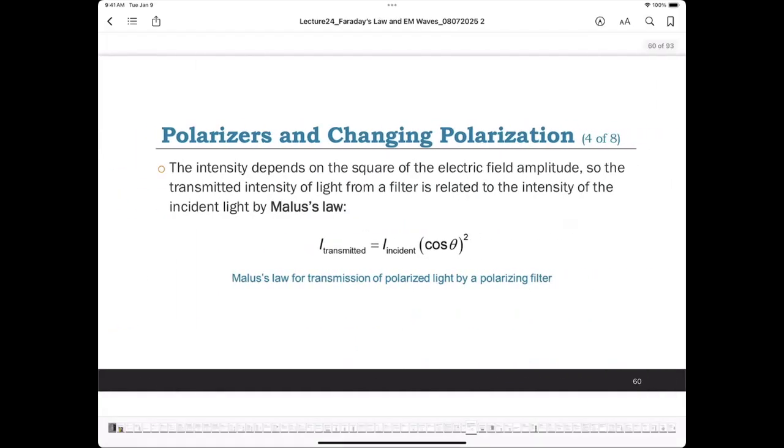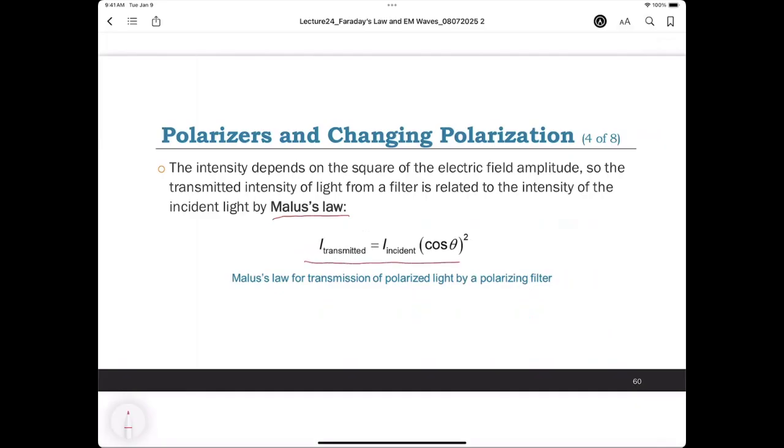The intensity depends on the square of the electric field amplitude. So the transmitted intensity of light from a filter is related to the intensity of the incident light by Malus's law.